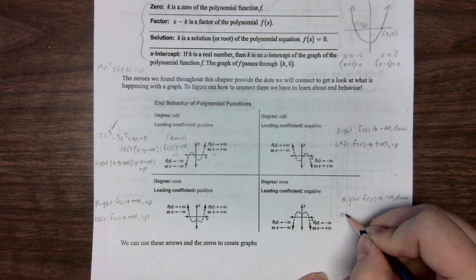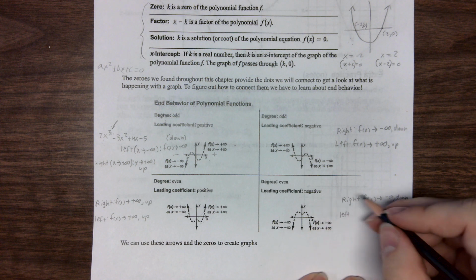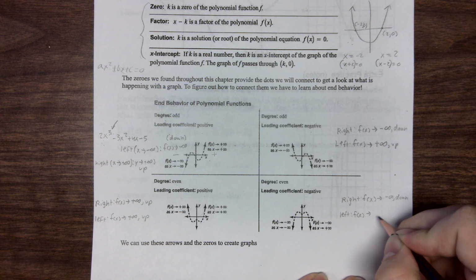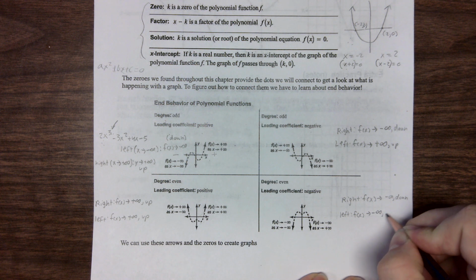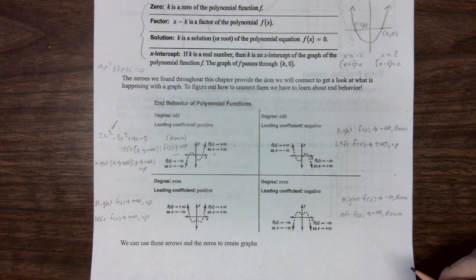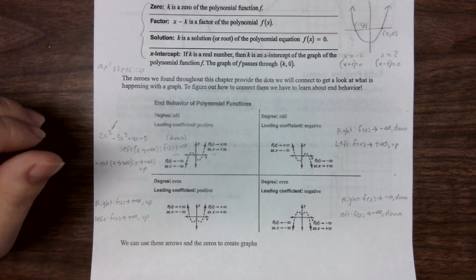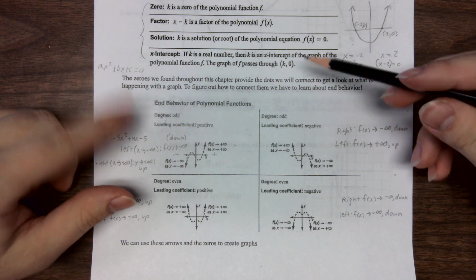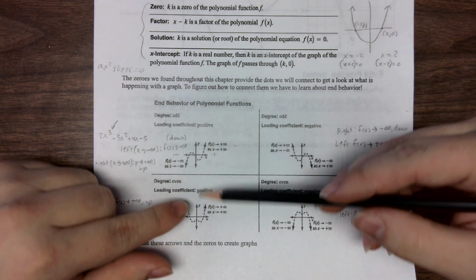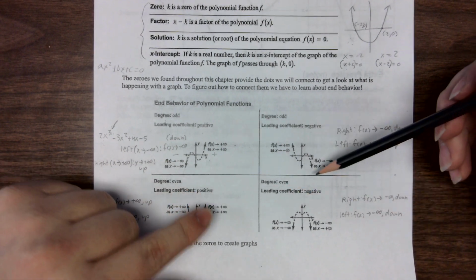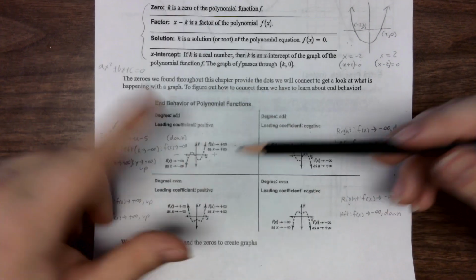And as I go towards the left, our f of x will approach negative infinity as well, and also be going down. So that is how the directions at the ends of the graph behave. They're either both up, both down, or one up and one down, the flip for that.